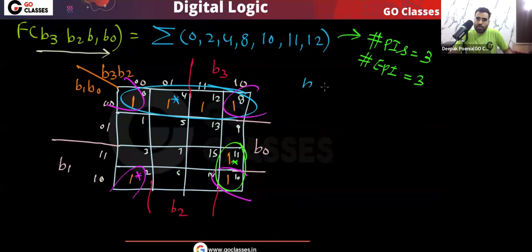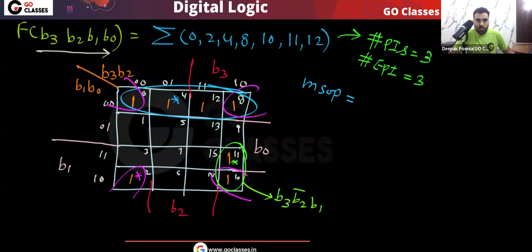Okay, yes or no? So here what will be the minimal SOP expression? Let's write the product term for all the PIs that we got, all the cubes that we got. So you can see for this green cube, what will be the product term? This green cube is in the area of B3, B1, also in the area of B2 bar. Yes or no? So you can see this is B3, B2 bar, B1.